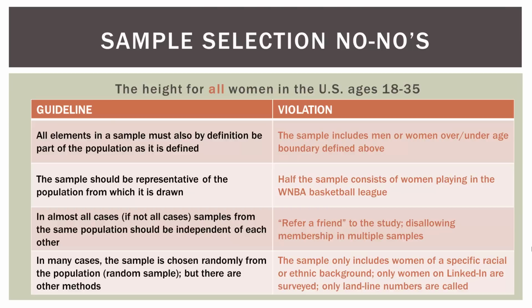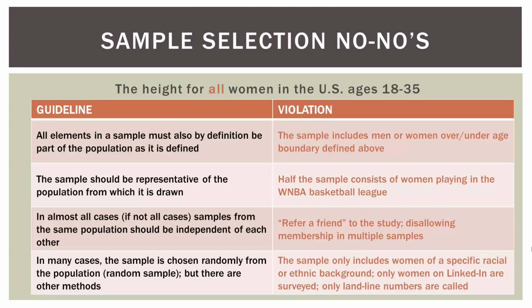Well, the height for all women in the U.S., ages 18 to 35. So we're talking about height, we're talking about only women, we're talking about only women in the U.S., and then only women in the U.S. ages 18 to 35. So that is the boundary of our population.